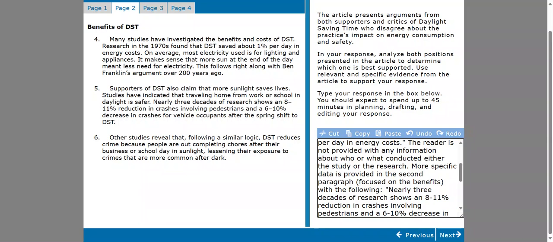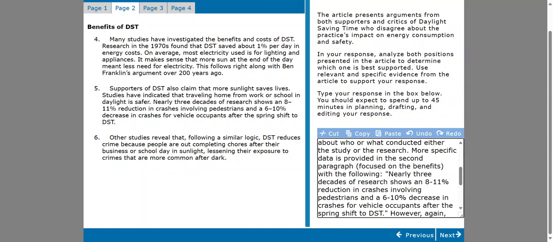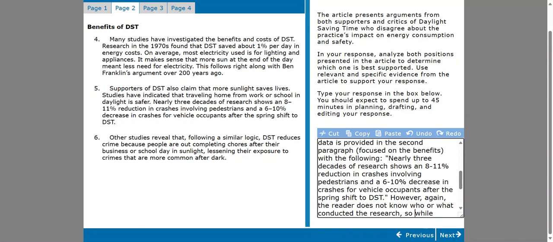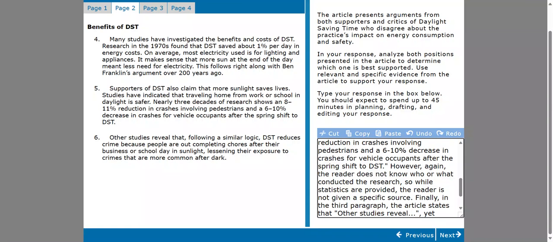More specific data is provided in the second paragraph, focused on the benefits, with the following. Nearly 3 decades of research shows an 8 to 11% reduction in crashes involving pedestrians and a 6 to 10% decrease in crashes for vehicle occupants after the spring shift to DST. However, again, the reader does not know who or what conducted the research.